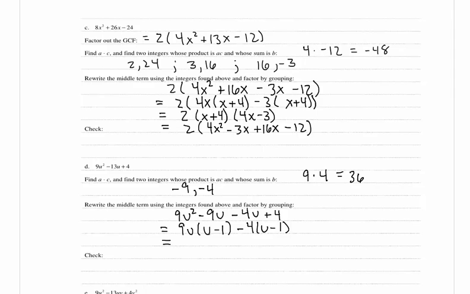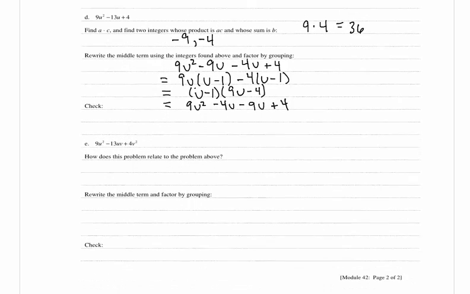And now we're going to factor out our binomial. So this is equal to u minus 1 times 9u minus 4. And now they want us to check. So let's FOIL this back out, and we get 9u squared minus 4u minus 9u plus 4. And that's the polynomial that we started with.